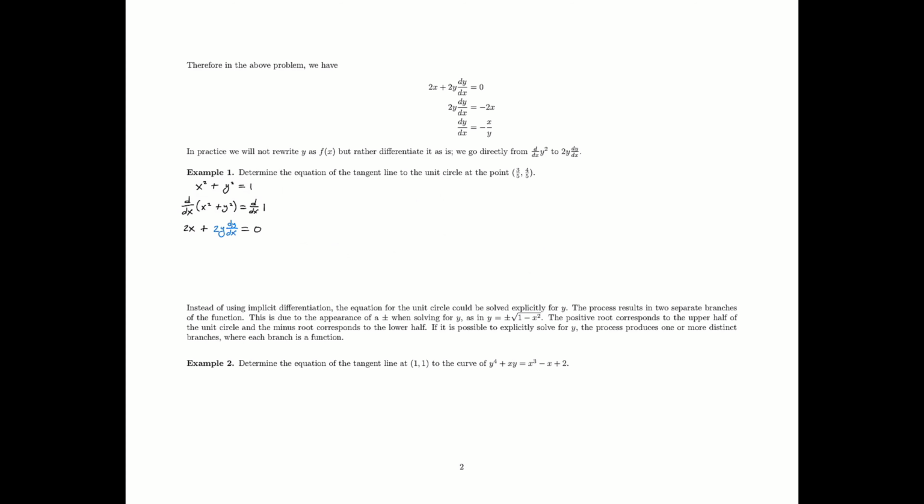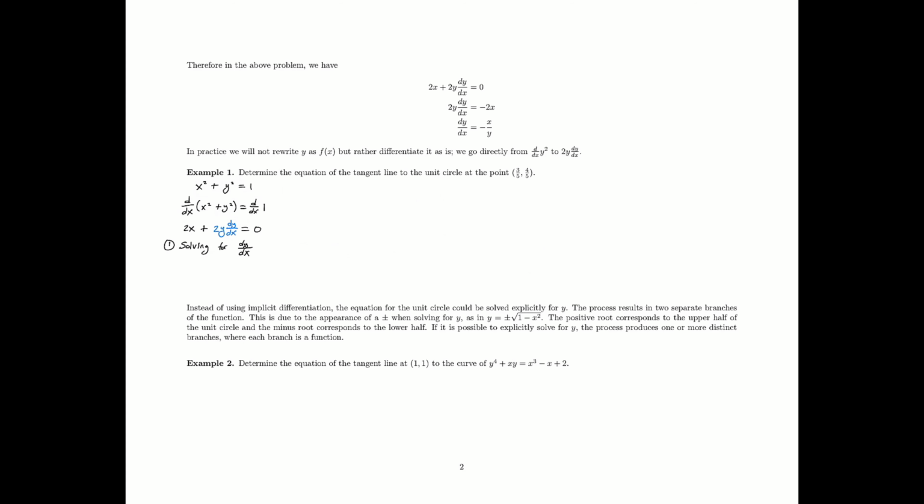Okay, so once we're here, depending on how your problem is worded, you may have to solve for this dy/dx. I'll show you what happens if we solve. In this example, we technically don't have to solve for it first.